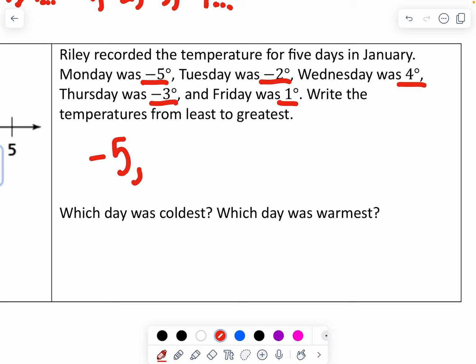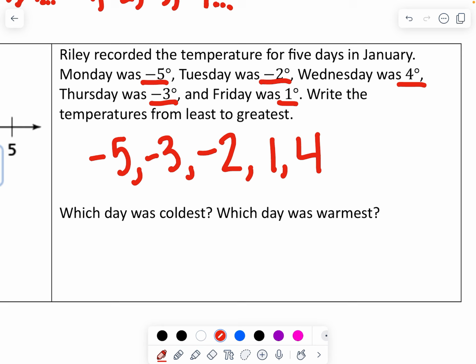It would be -3, so that one comes next. And then our last negative number is -2. And then we're going to pretend that there's a 0 there because now we're moving on to our positive numbers. And so it would go 1 and then 4. So notice, we go -5, -3, -2, +1, and then +4.